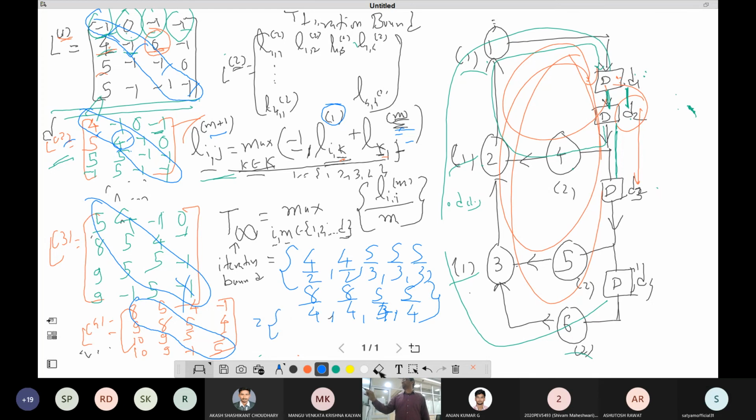So that means maximum of 2, 2, 5 by 3, 5 by 3, 5 by 3, 2, 2, 5 by 4, 5 by 4. So what is the maximum value? 2. और शायद हमने आज लूप बाउंड मेथड से भी कैलकुलेट किया था.